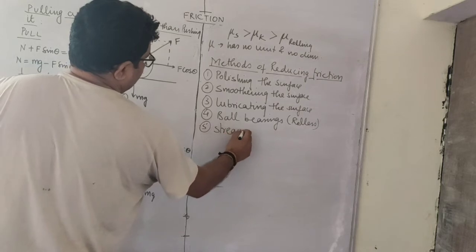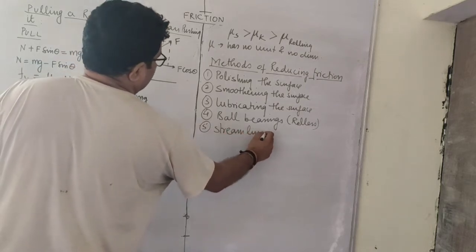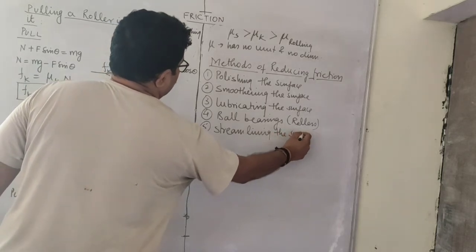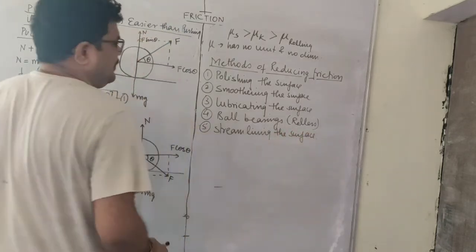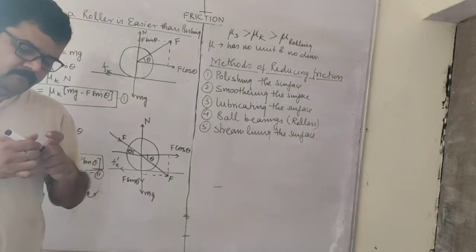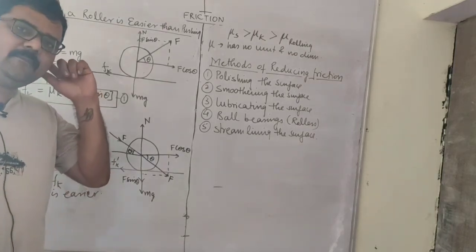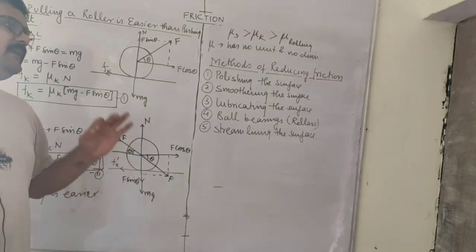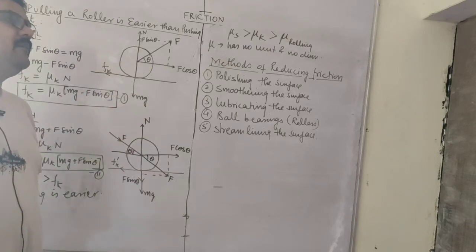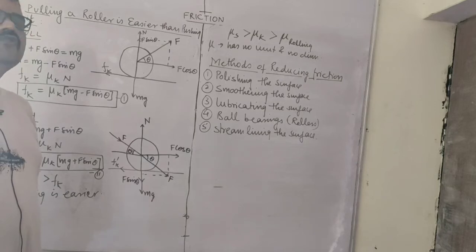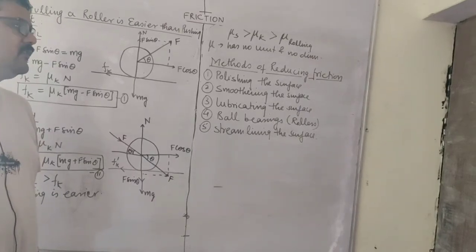Streamlining the surface. Streamlining means making the surface pointed. Suppose you have a flat arrow and a pointed arrow, and you are projecting them at a dart board. The pointed arrow will strike and pierce into it, but the flat arrow will have more force of friction, so it will require more force.